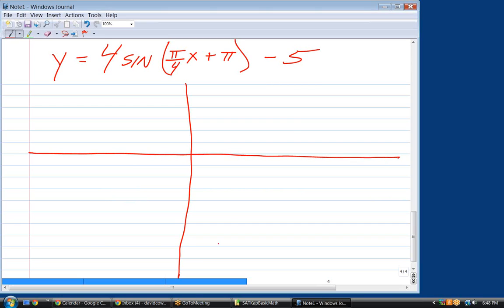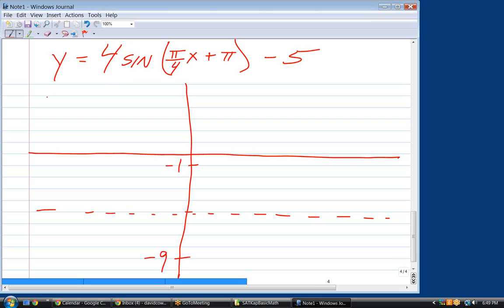The line of symmetry is 5 units below that. So the new line of symmetry is there. What's the maximum point? -1. And then the minimum, the lowest, is going to be -9.